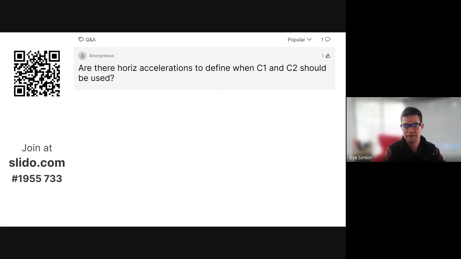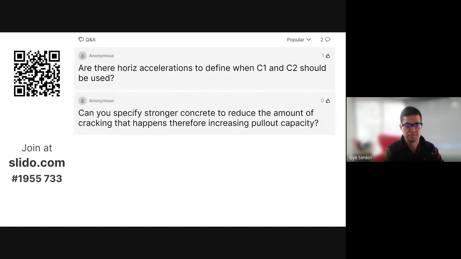I'd have to have a look at that, and I can always post a link to the code in the comments on LinkedIn to explain that better.